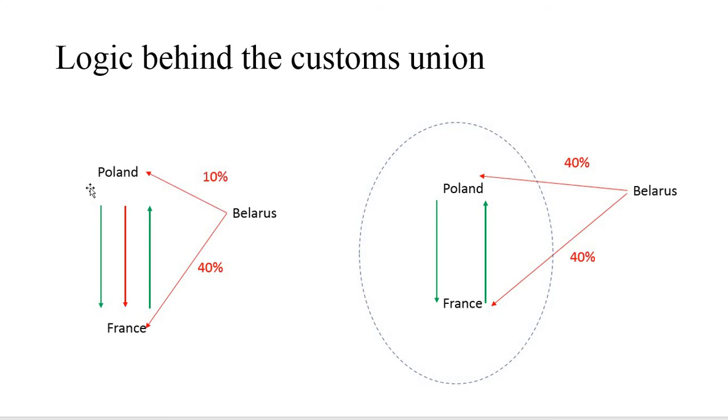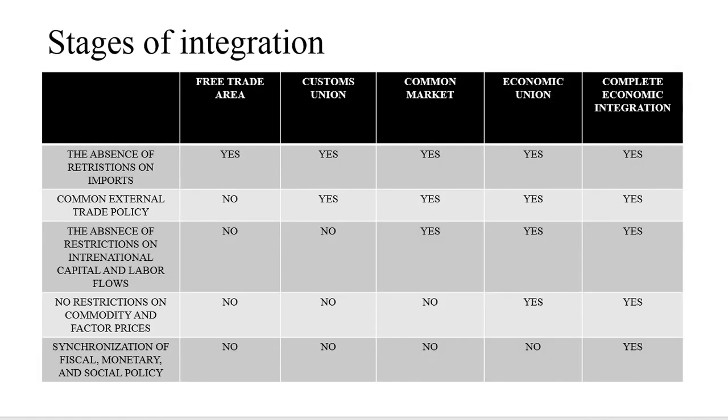So basically this is the idea of customs union. Common market includes all the aforementioned features, and also means the absence of any restrictions on the international flow of production factors, basically capital and labor. So free migration, free international investment, and so on.